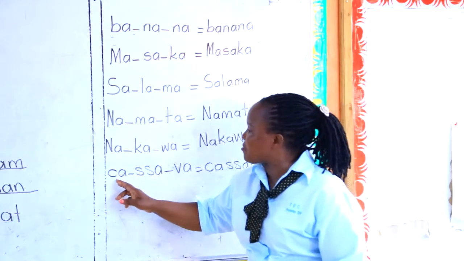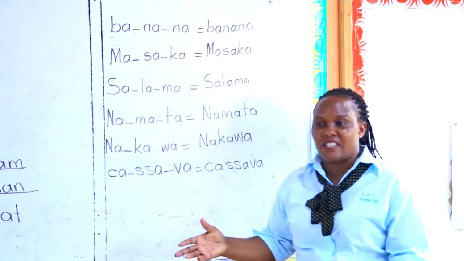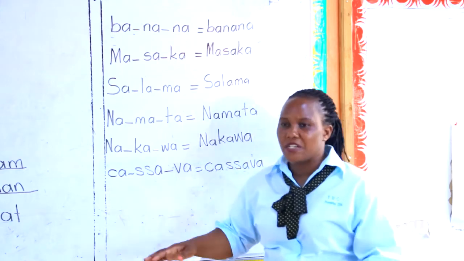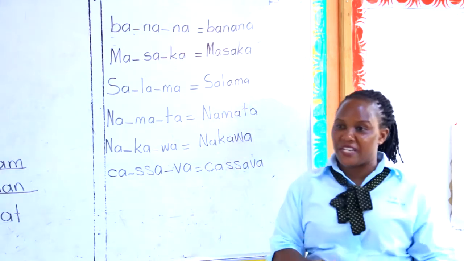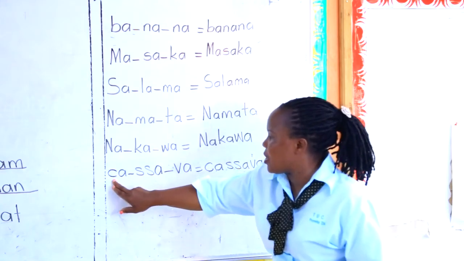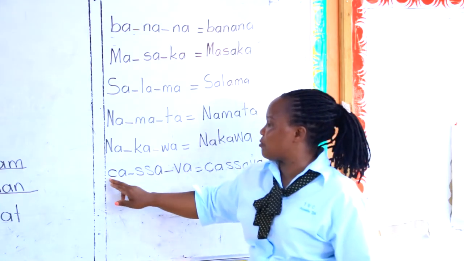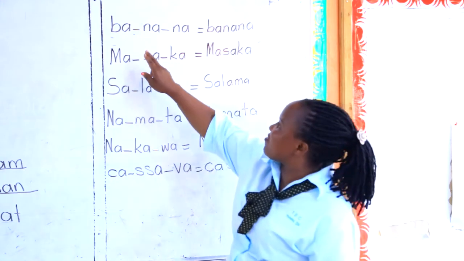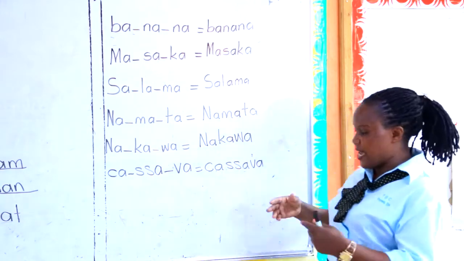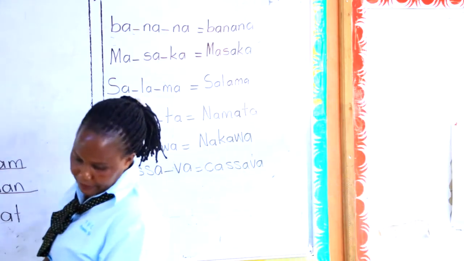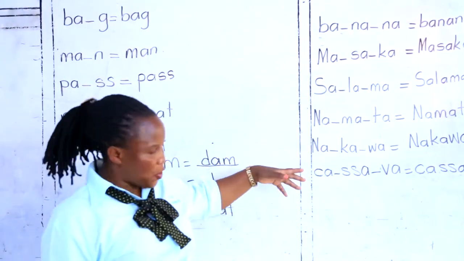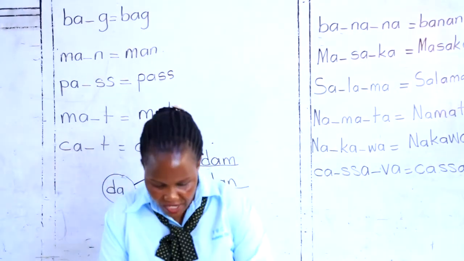I've started this one with a small letter because it's just a common noun. It's a general name, not a specific name for something. Common nouns we start with a small letter. That's why even the word banana started with a small letter. That's it. I think you can read and understand more. We'll follow that order and read the rest and write.